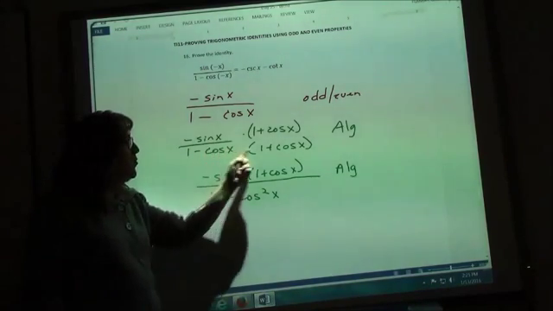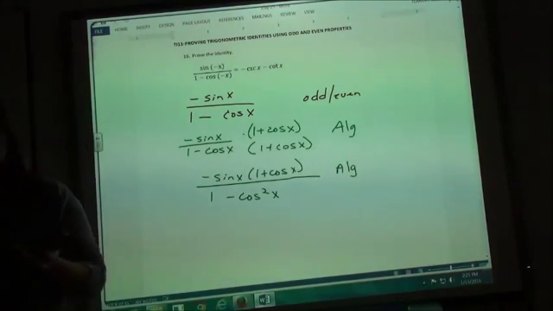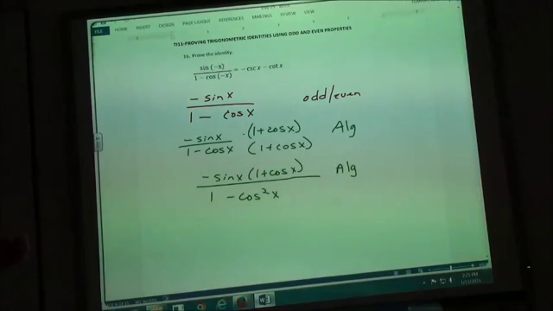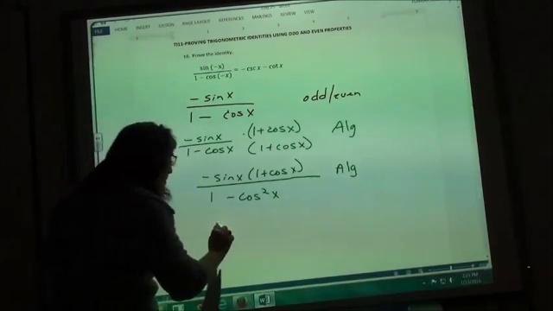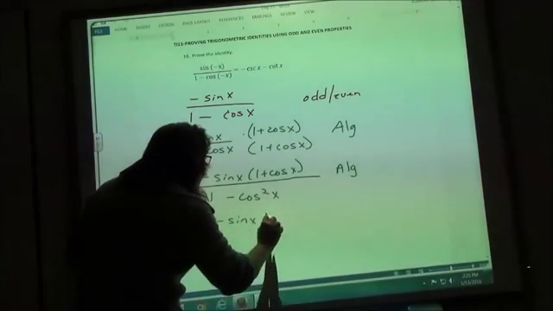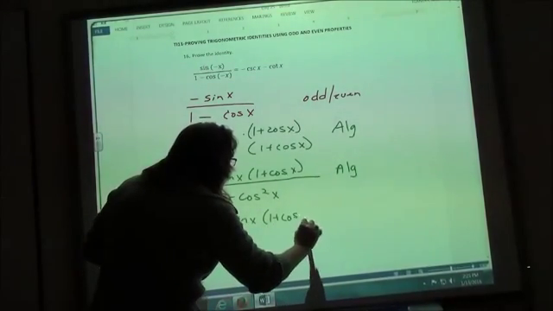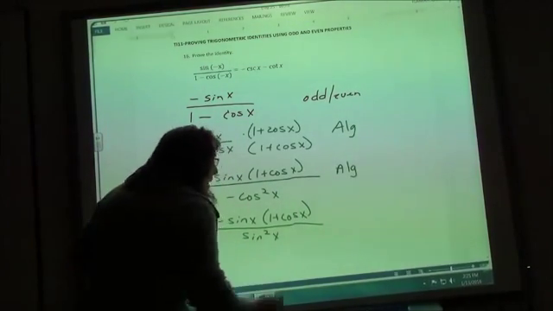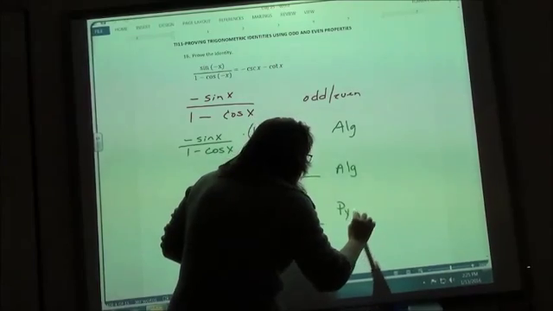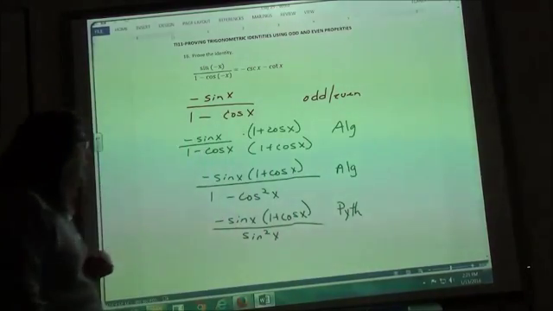Notice here when we did that, we ended up with one of our Pythagorean identities. 1 minus the cosine squared of x is equal to the sine squared of x. So negative sine of x times 1 plus the cosine of x over sine squared of x. That's one of our Pythagorean identities.